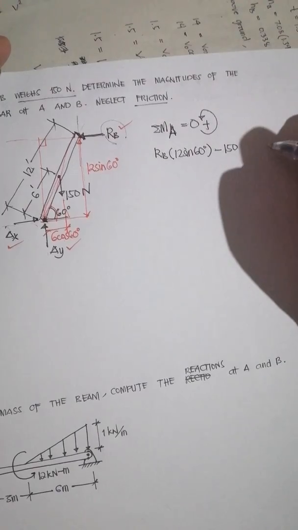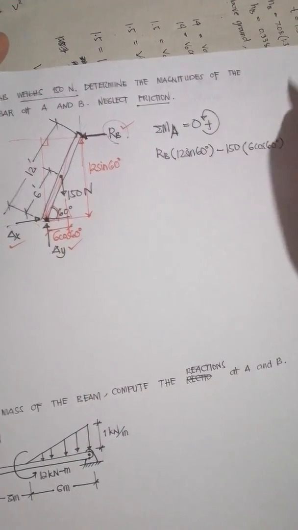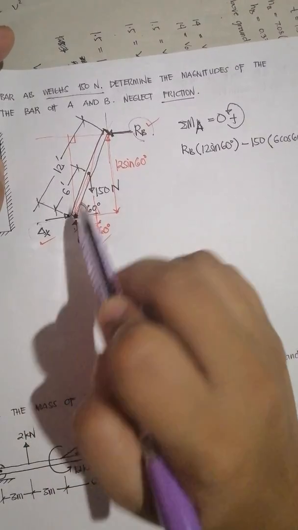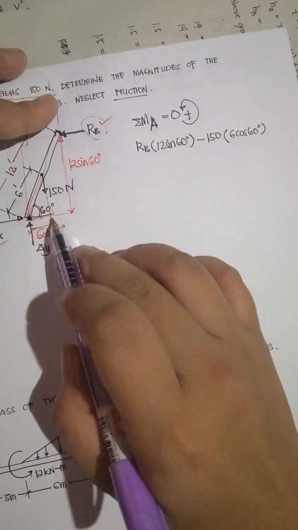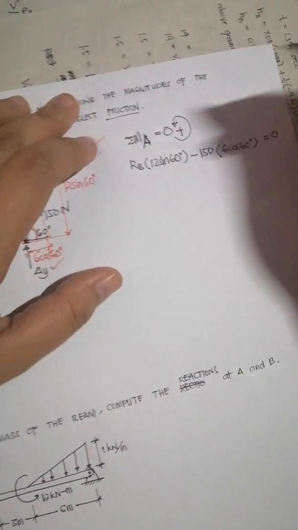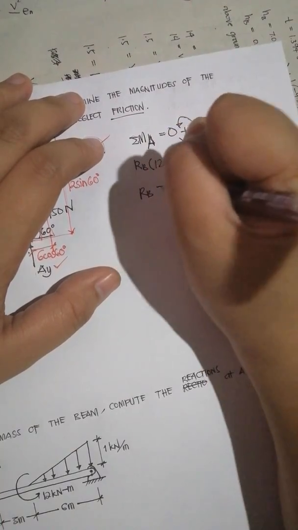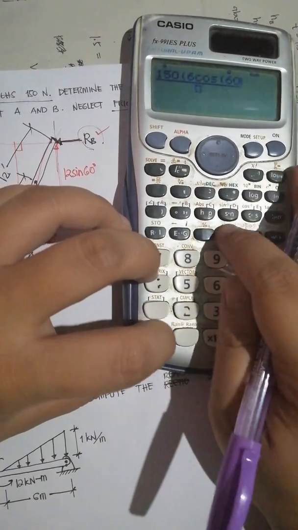That is the perpendicular distance about this point. No other moment about this point, so this is 0. RB therefore is 150 times 6 cosine 60, divided by 12 sine 60.